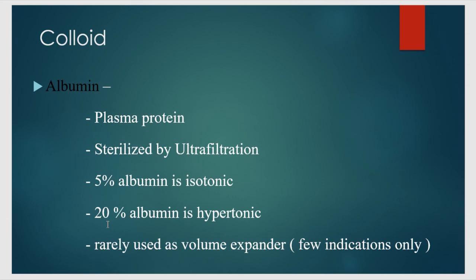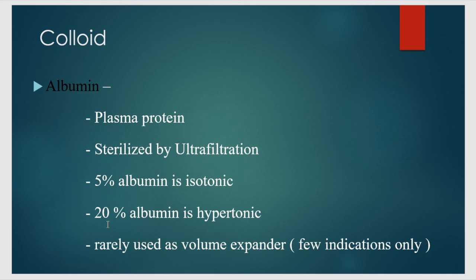The next one is albumin, human albumin. It's a plasma protein and it is sterilized by an ultrafiltration process. Here the important thing is this 5% albumin is isotonic with the plasma, whereas 20% albumin is hypertonic. But this albumin is rarely used as a volume expander. Only a few indications are there.